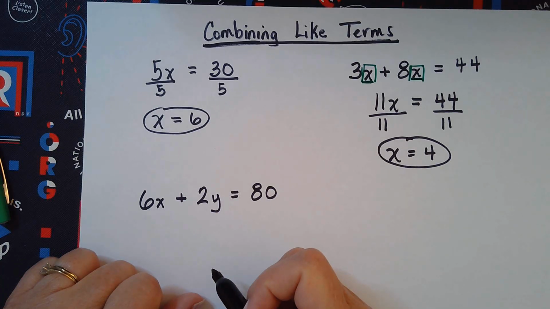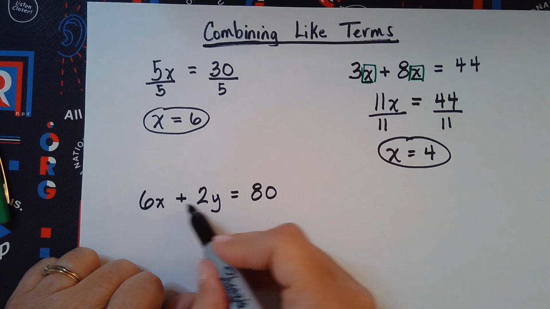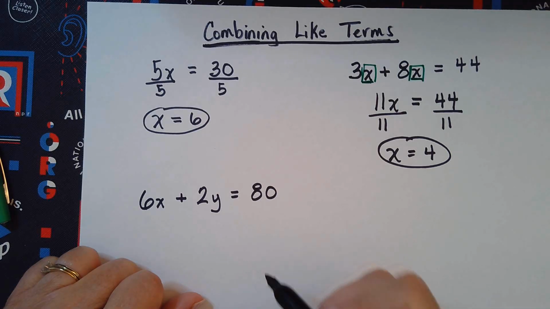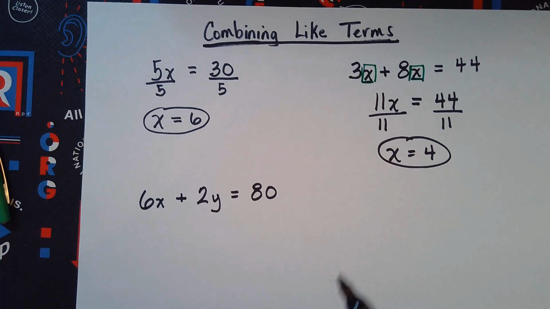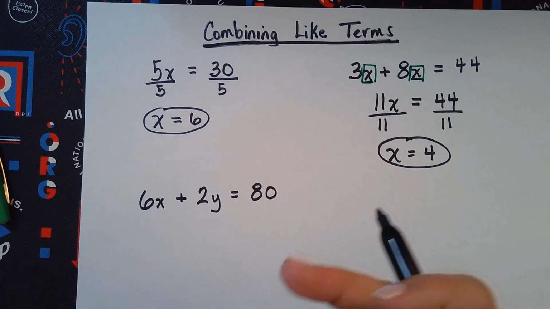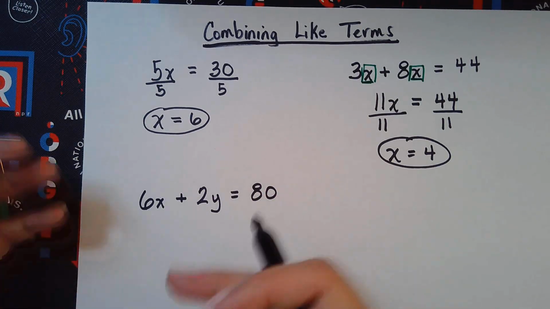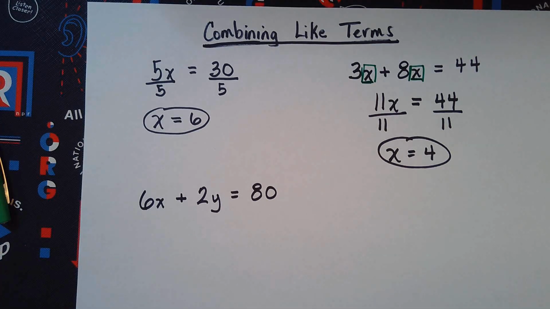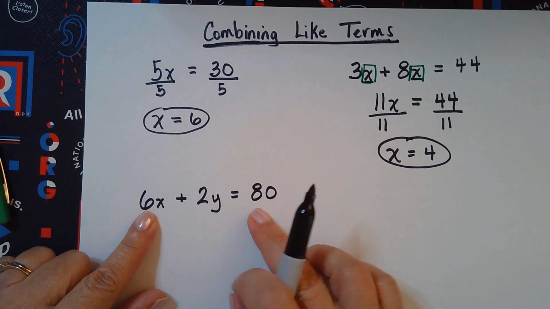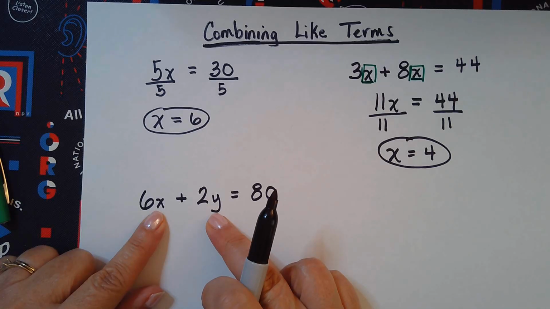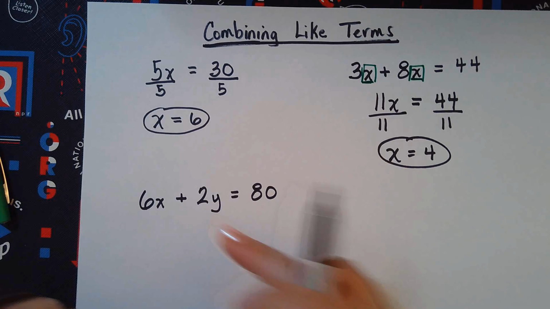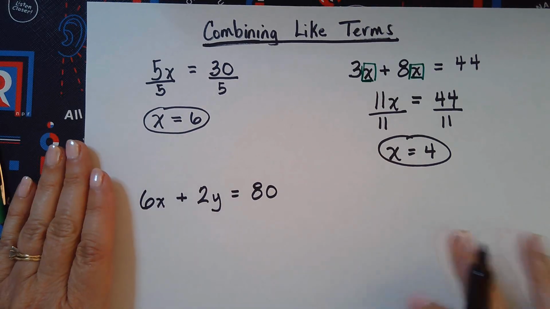And that means that we cannot add them together. So this particular equation actually cannot be solved without more information. And in later algebra classes, we'll talk about how we would get more information and what we would do with it and all of that. But for right now, you just need to know that you cannot combine these terms because they are not like terms.